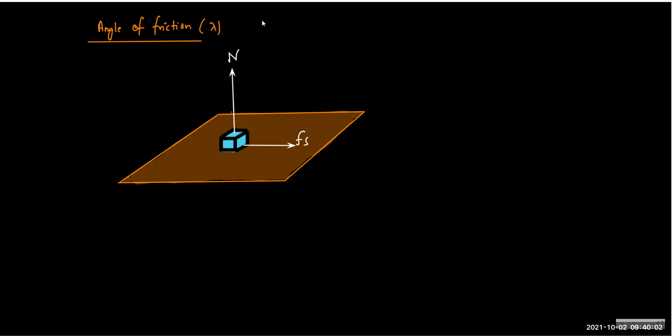So now we can understand that these two forces are developed between the block and the surface of contact, or you can say ground. And as we discussed in the last class also, these are the components of the surface contact force. So if we wish to replace these two by a single force, what will that value be?